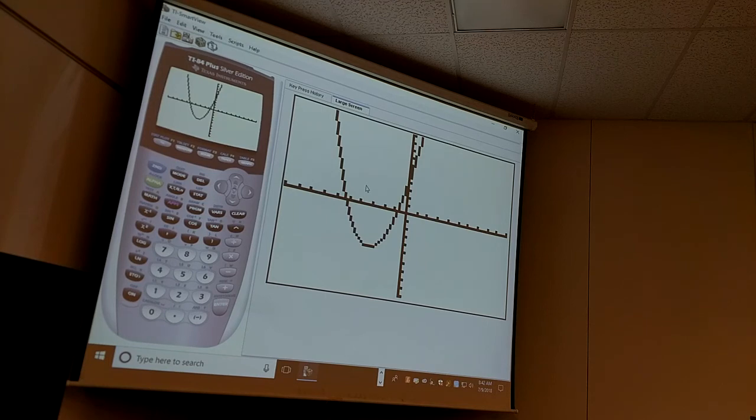So how do I find those intercepts? Trace is not good enough. I want to know the exact answers, or as close to exact as it can get, a decent approximation. So what am I trying to do right now?